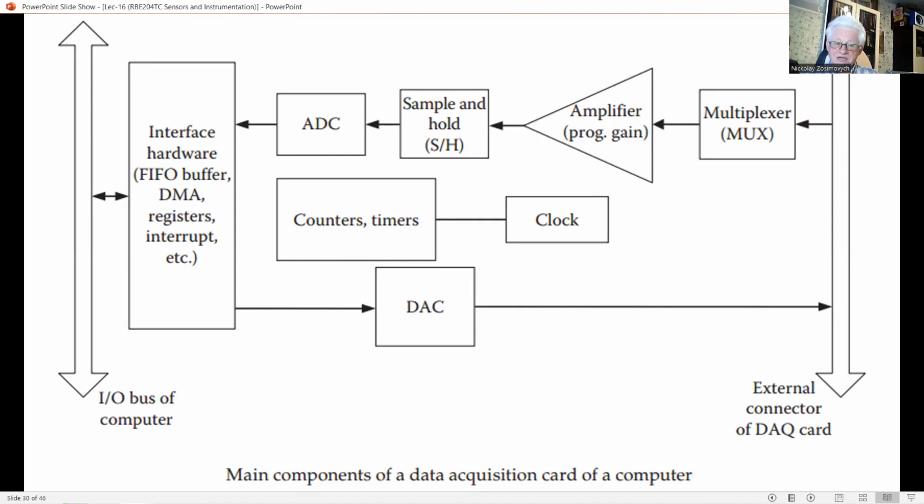If multiple signals from multiple sensors are acquired simultaneously, an analog or digital MUX, as you see here, may have to be used to read the multiple signals sequentially by the computer.